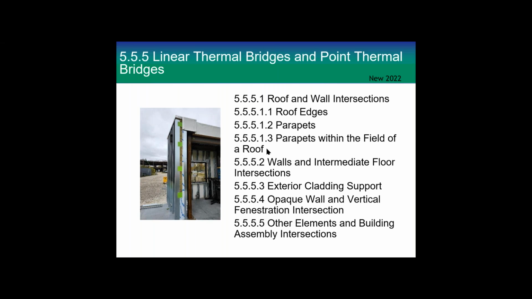That means a parapet that's halfway across the roof or separates two roofs for some reason. Then walls and intermediate floor intersections. These are important. This is where a lot of times you'll have a balcony that they poured through the wall and extends the floor space, but they're not insulating it.